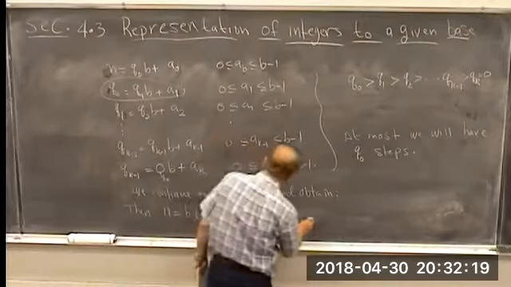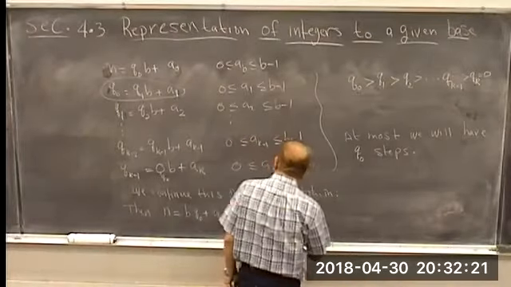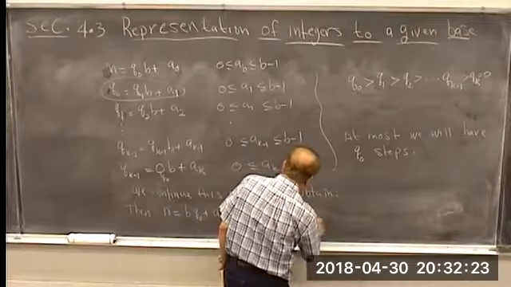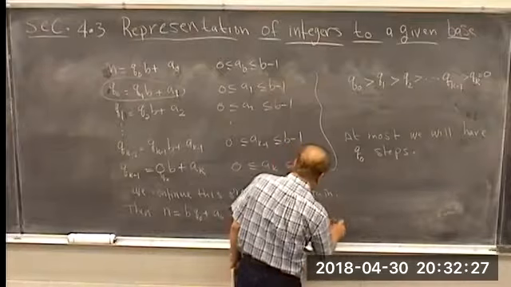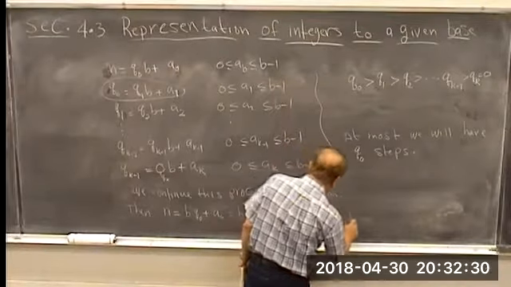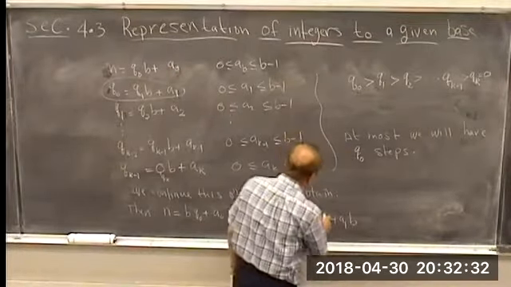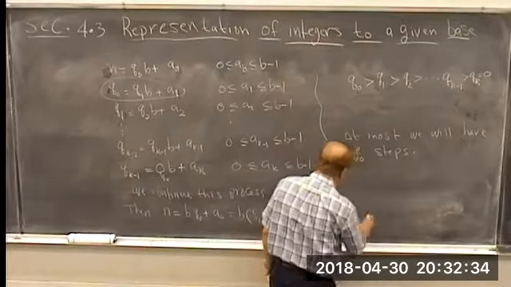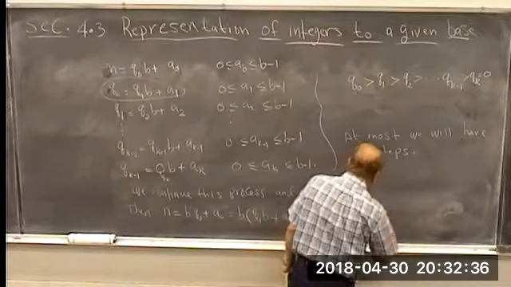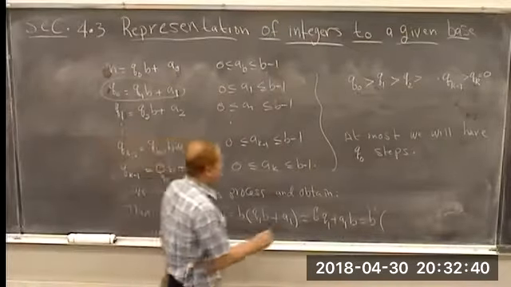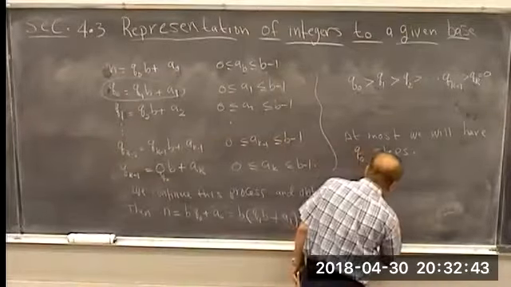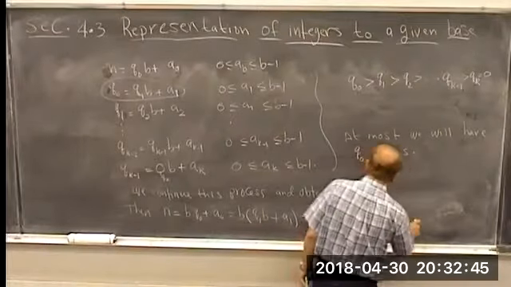And when I arrange this, it becomes b squared q1 plus a1 b. Then I'm going to substitute for q1. We do one more time. So this becomes b squared, and q1 is q2 b plus a2.